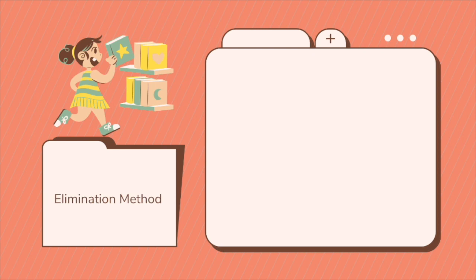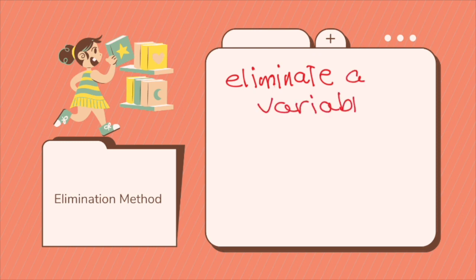The other method that we have to learn is elimination. The goal of the elimination method is to eliminate a variable. You can choose which variable to eliminate, either your x or your y or a or b.